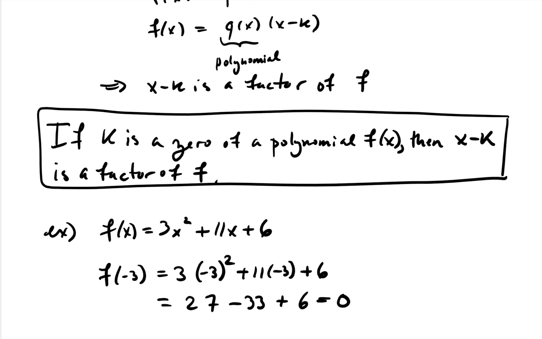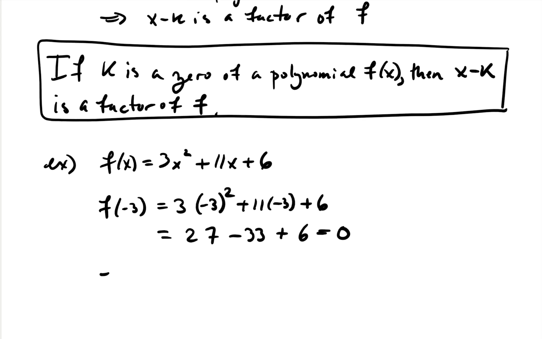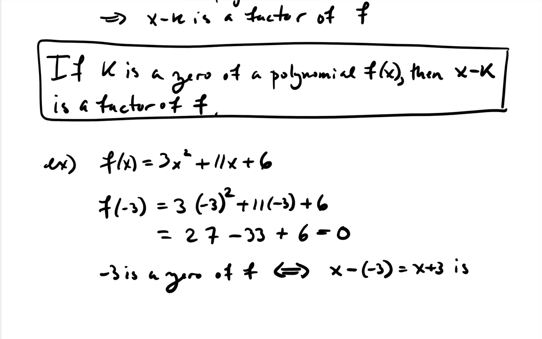And that gives us 0. So from this we get minus 3 is a zero of f. And that's equivalent to saying that x minus minus 3, which is x plus 3, is a factor of f.